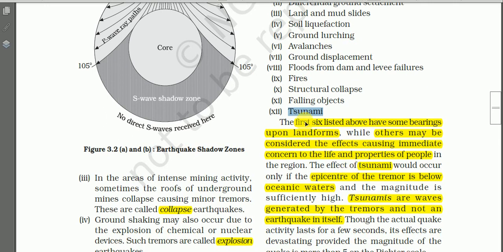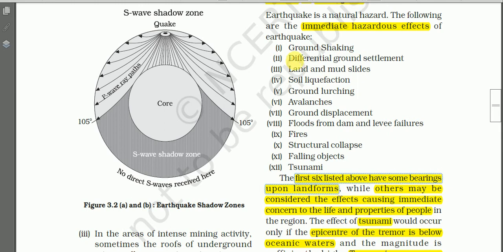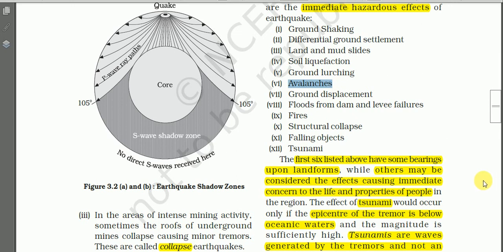So let us read. The first 6 listed above have some bearings upon landforms. Say Roman number 1 to 6. Roman number 1 to 6 are related with the landforms, that is, effects of earthquakes on the landforms. While the others may be considered the effects causing immediate concern to life and properties of people.